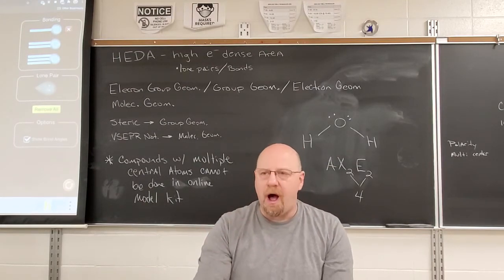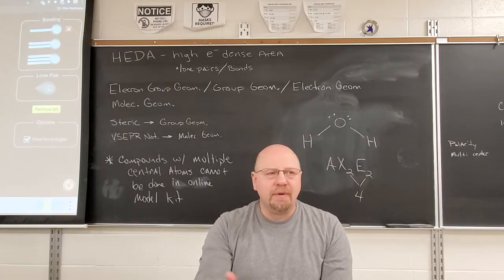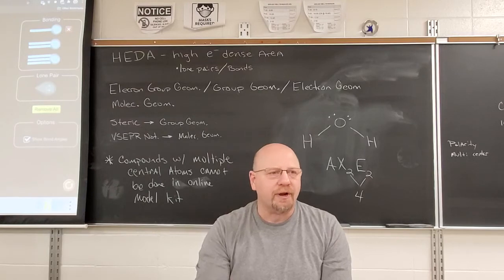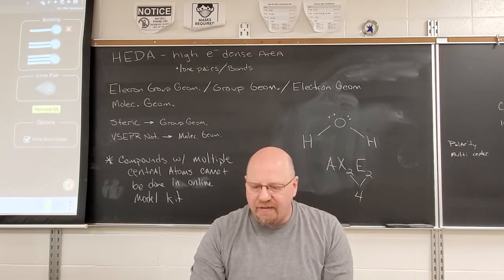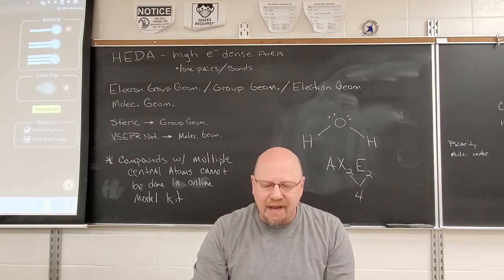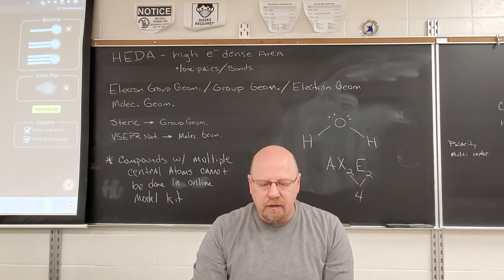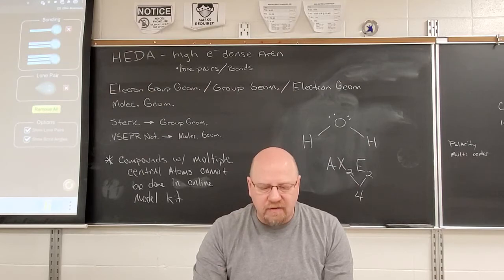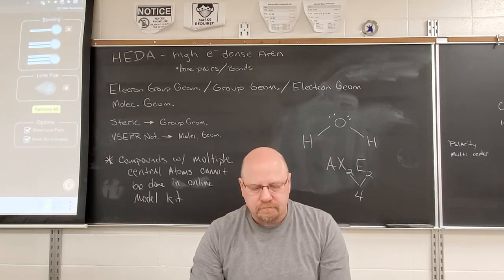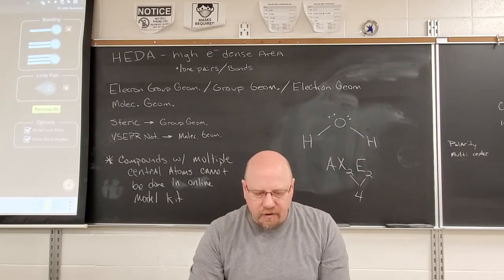Well, they're 4 bonds. They're going to be the same name because they have the same structure based on what they're counting. But again, if I take off that singly bonded atom and put a lone pair, my name changes because molecular geometry only takes into consideration bonded atoms. And that lone pair is not a bonded atom.